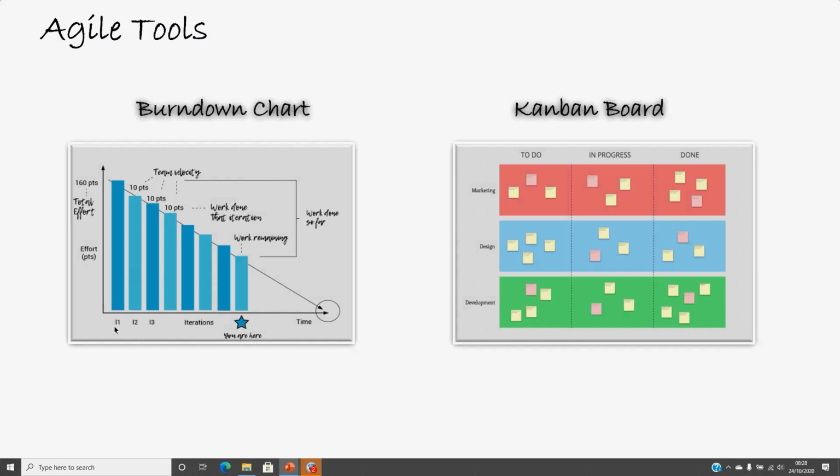So here you are saying that, okay, iteration 1 or sprint 1, sprint 2, and sprint 3 are displayed over the x-axis, and over the y-axis you are seeing the effort, the story points from 0 going to the top of 160 as a maximum.